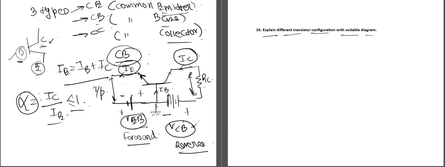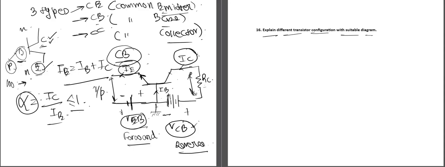This is because the emitter current is responsible for the flow of electrons from the emitter to the base. The emitter terminal is highly doped, the base terminal is lightly doped, and the collector terminal is moderately doped. The electrons from the emitter go to the base. We have considered an NPN type transistor, so in the base the holes are present, but as it is lightly doped, the number of holes is very small. If 100 electrons pass from the emitter to the base, only 5 electrons recombine with holes, generating the recombination current, which is the base current.